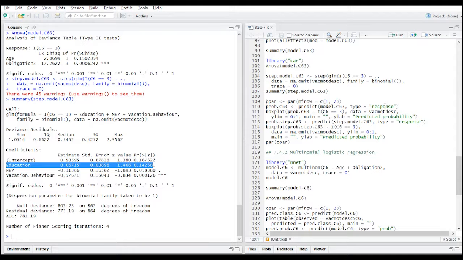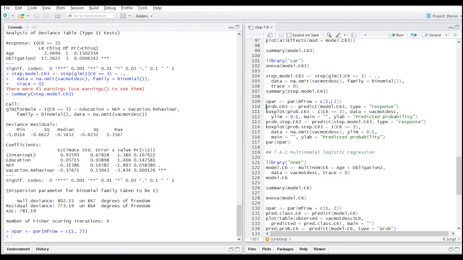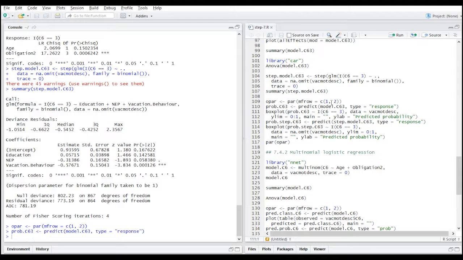And what we want to do now is plot two plots next to each other. So we're changing the settings of our graphic window. We calculate the predicted probability for the first model, including age and moral obligation. And we're plotting how these predicted values differ between respondents who are in segment 3 and respondents who are not in segment 3.